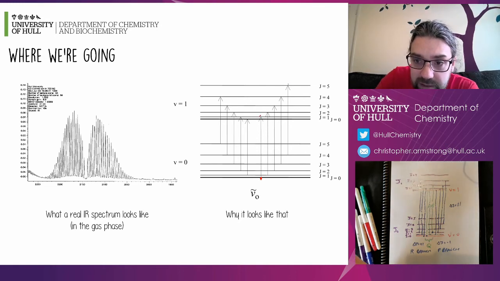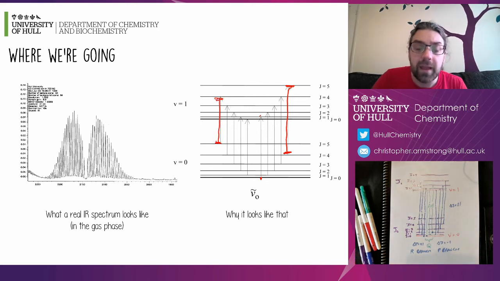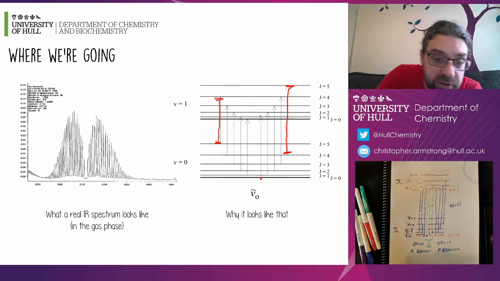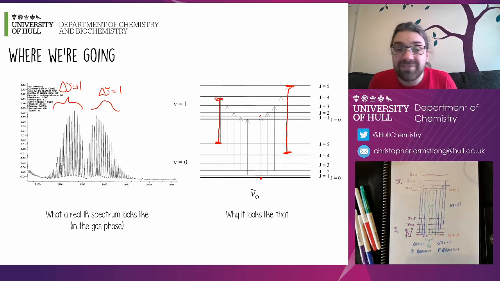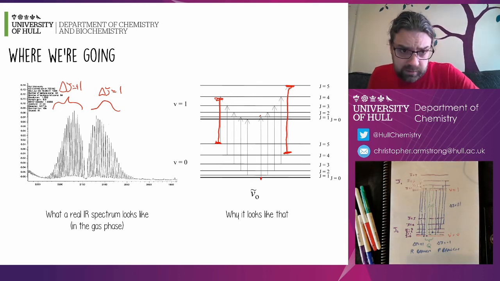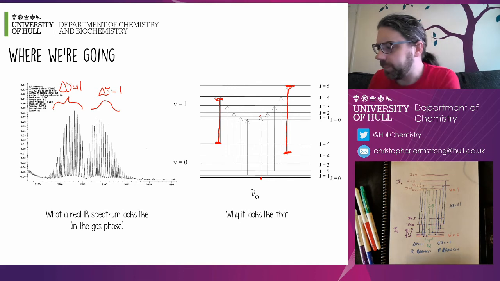So these lines here are much longer than these lines. And that means we have different transitions. So here we have delta J is -1, slightly lower. Delta J is +1.